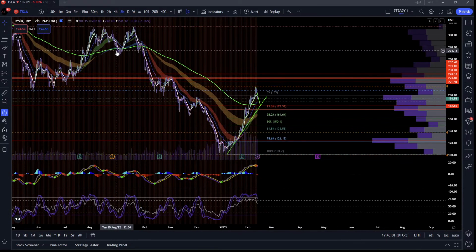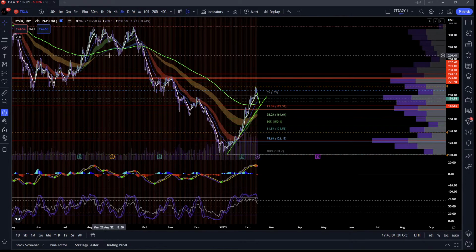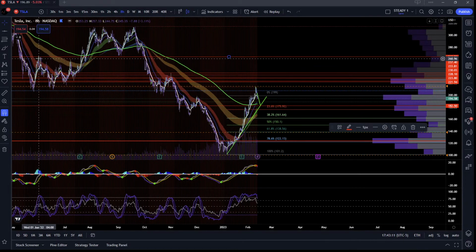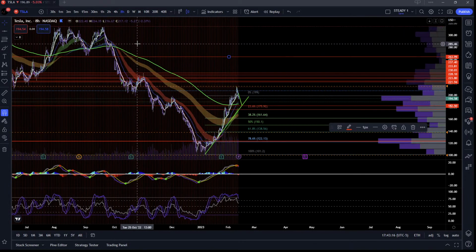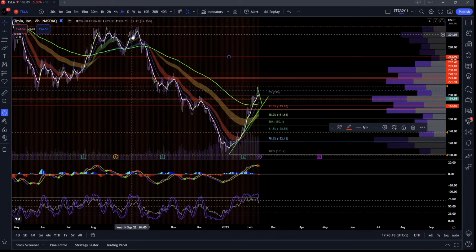And we see that last time that Tesla broke down below it, over here it ended up retaining, and let me see what level it held here. It held the level that it previously rejected off of, or an area pretty close to it roughly, and stayed back above it.